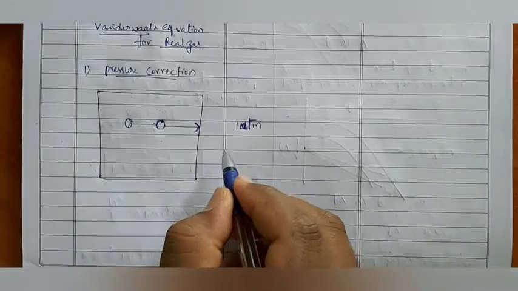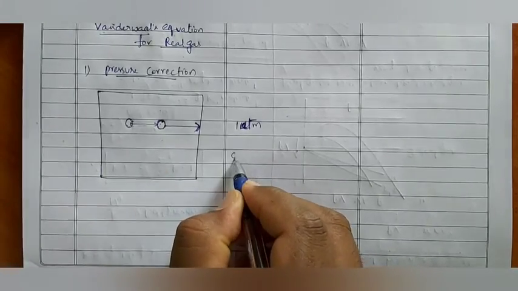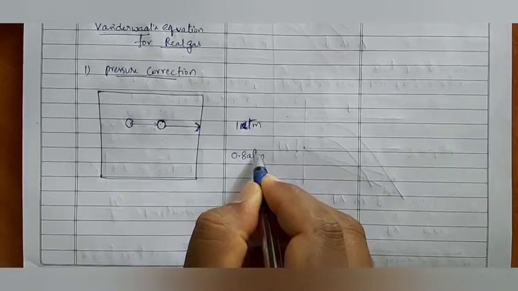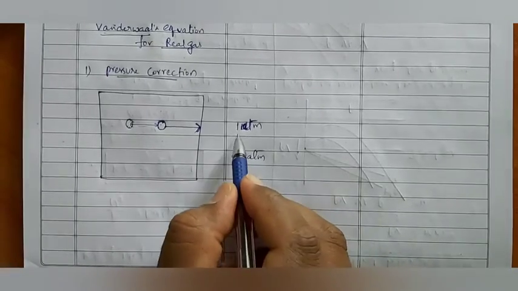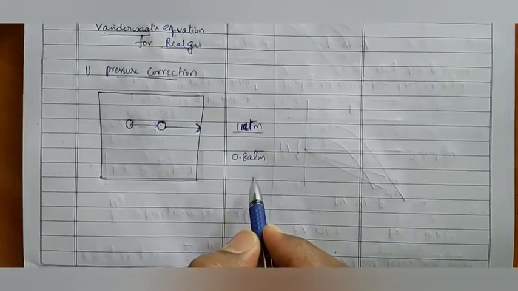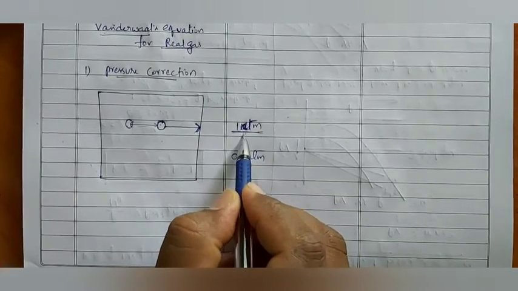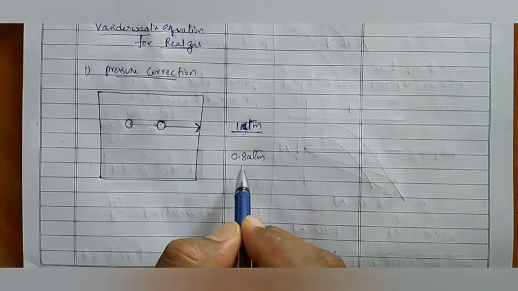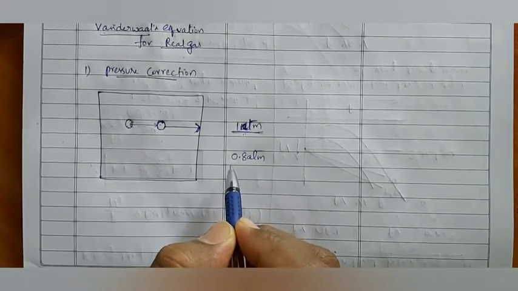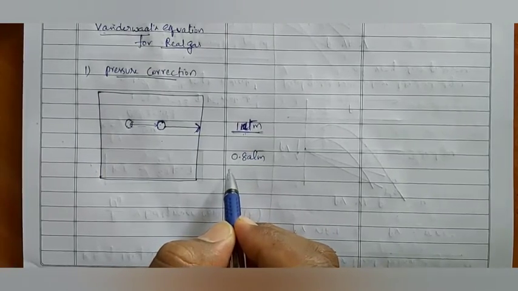So because of attraction, that pressure is applied as 0.8 atmosphere, which is lower than the ideal gas pressure. This is the ideal gas pressure, this is the real gas pressure, because of attraction present between the molecules.